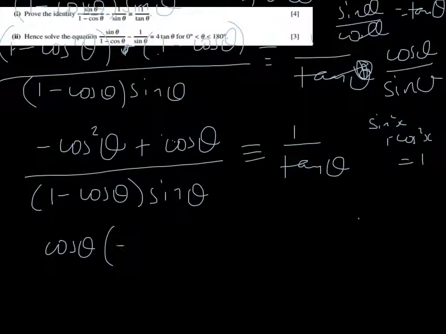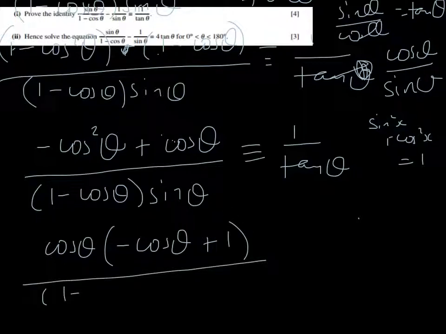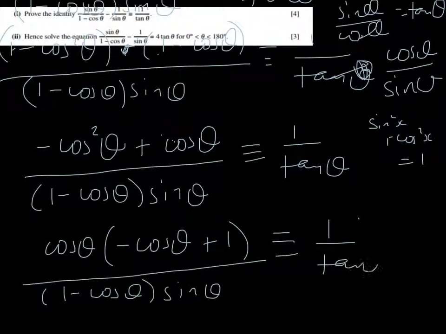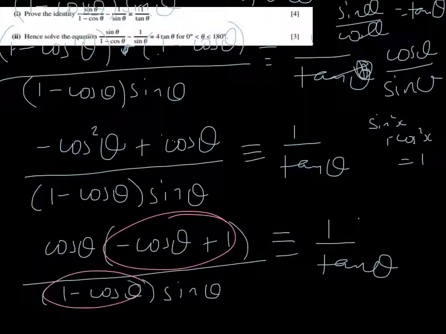I'm going to get minus cosine plus 1 there, all over 1 minus cosine theta sine theta, equals 1 over tan theta. And hopefully at this stage you're like, yay, we've done it. Because this here is the same as this here. If I just reverse that around, it'll be 1 minus cosine theta. That's 1 minus cosine theta.